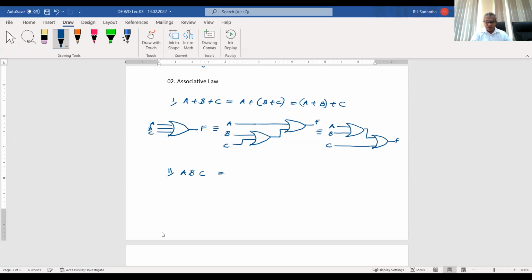ABC equals this way and also this way. I'm not going to draw the diagrams, but you can understand it. What is the summary of this one? The grouping of variables.